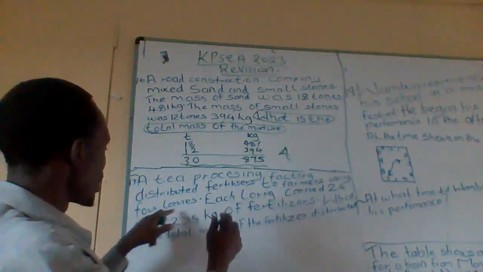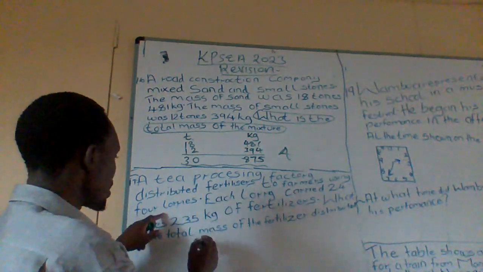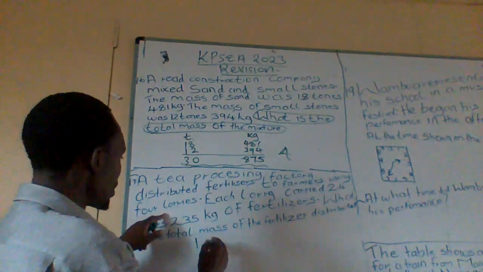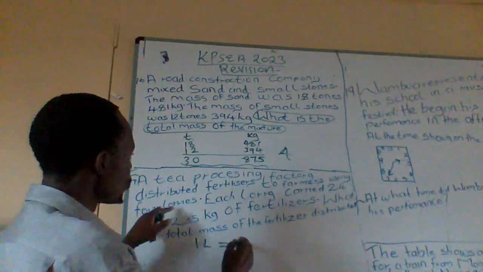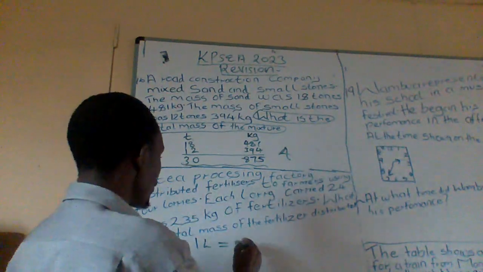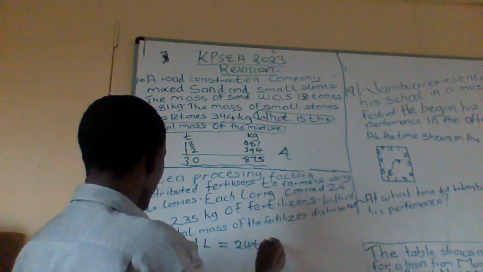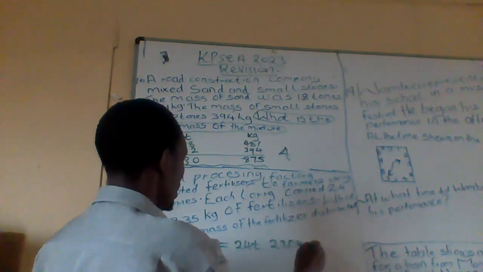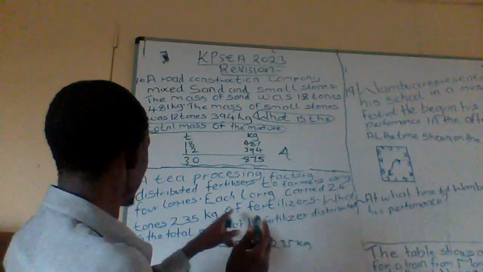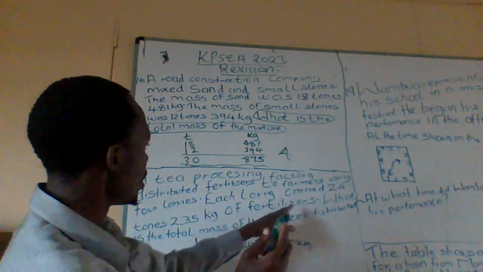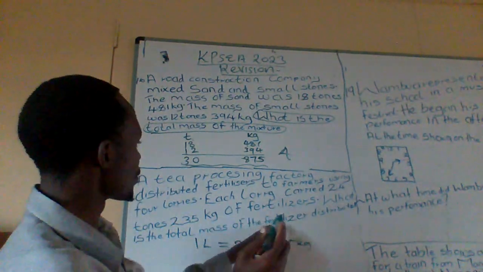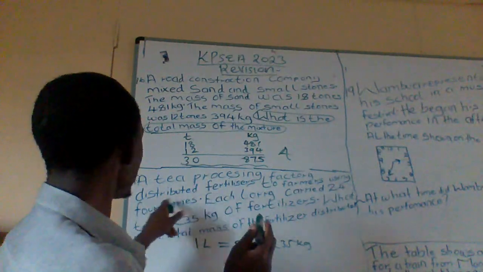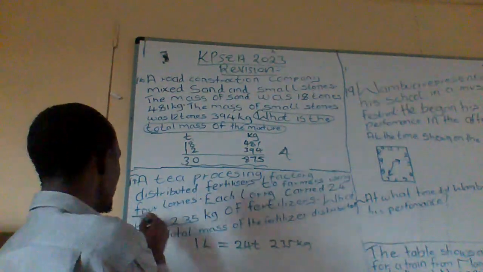And now what we do, when they say 4 lorries, you ask yourself, each lorry carried 24 tons and then 205 kilograms. And then they say, what is the total mass of the fertilizer distributed? But now the problem here is 4 lorries.